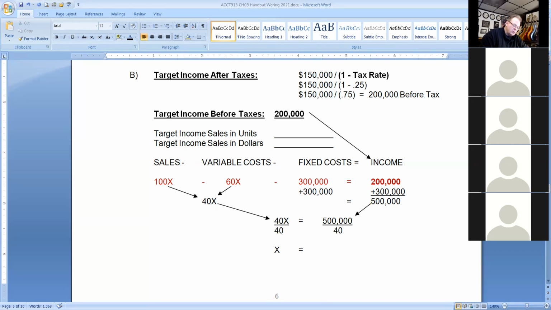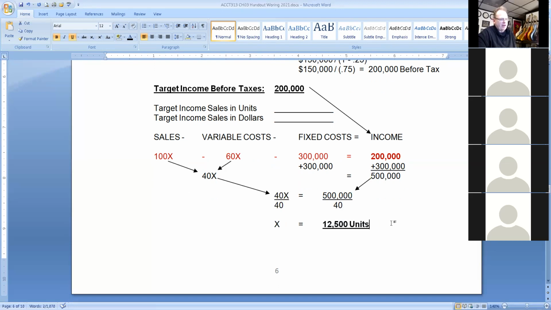Oops. Let's try that again. So 12,500 units is our break even. And I think I'm going to multiply it down here just because I got my lines up here. So the selling price is $100.